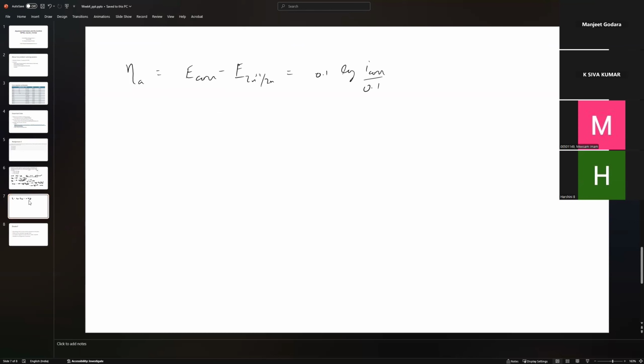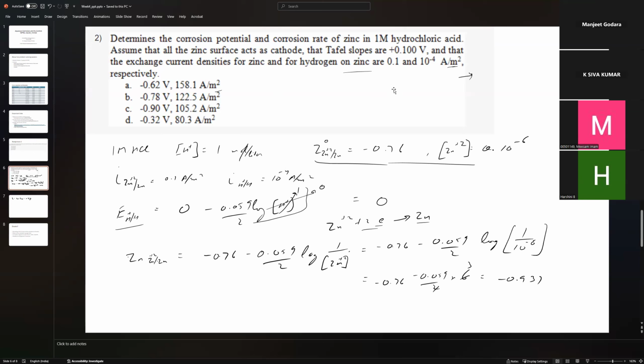This is given. The exchange current density for zinc is 0.1, and for hydrogen it's given as 10 to the power minus 4.